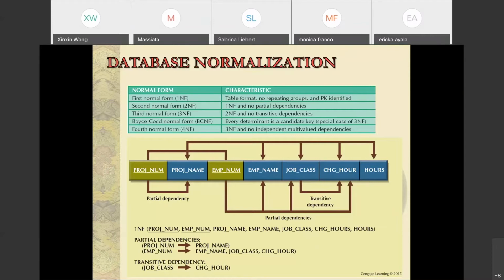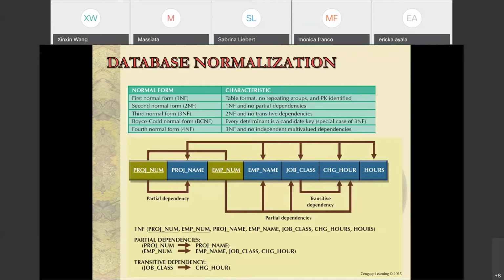So for the job class and the charging hours, this is a transitive dependency, right? And for the employee number, right? The employee number decides the employee name, job class, and charging hours, which is also a partial dependency, right?